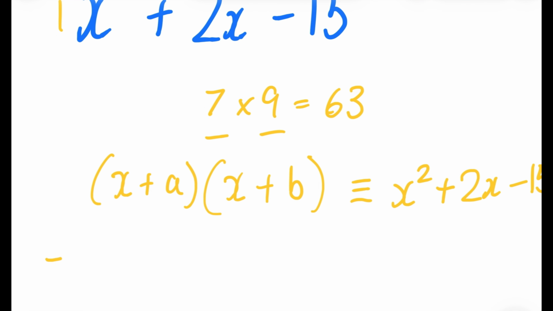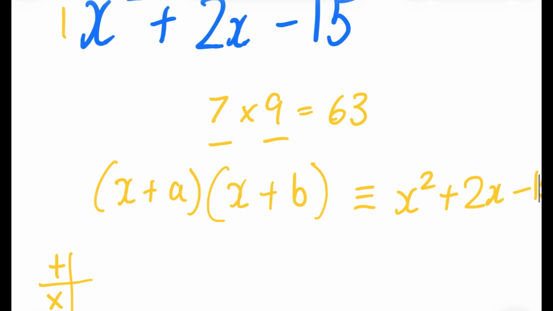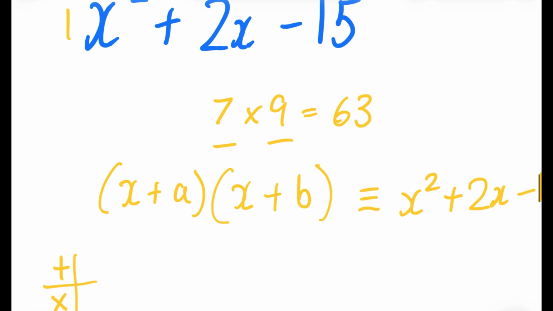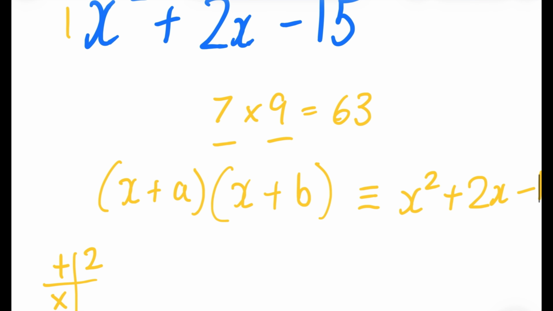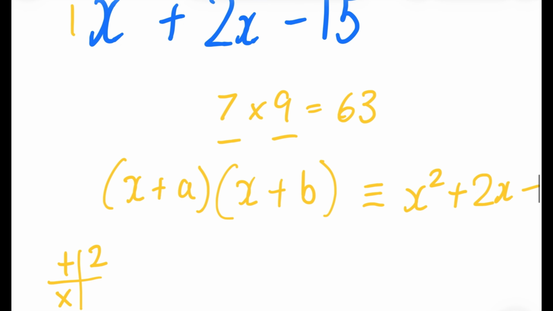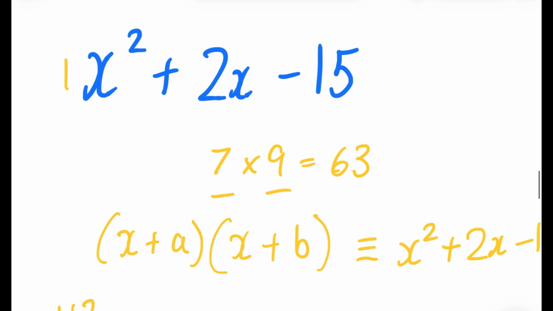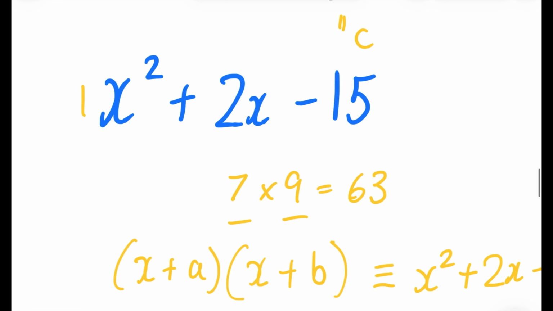And so how we're going to go about this is we're going to look at this x squared plus 2x minus 15, okay? The first thing we're going to do is draw a little table over here, and look at what adds to make 2 and what multiplies to make minus 15.